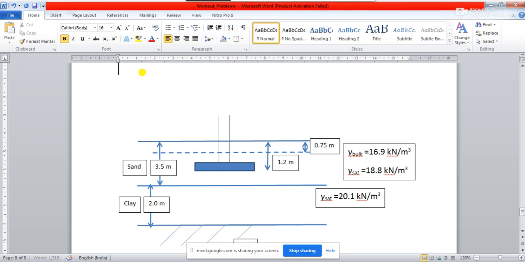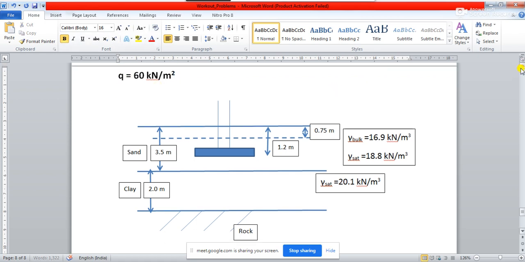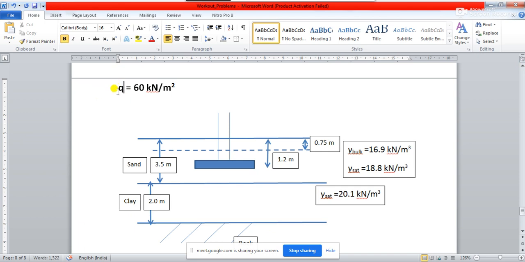The load intensity, small q, is given as 60 kilonewton per meter squared. This is your load intensity. So let us now write down the problem definition. Small q is this much.